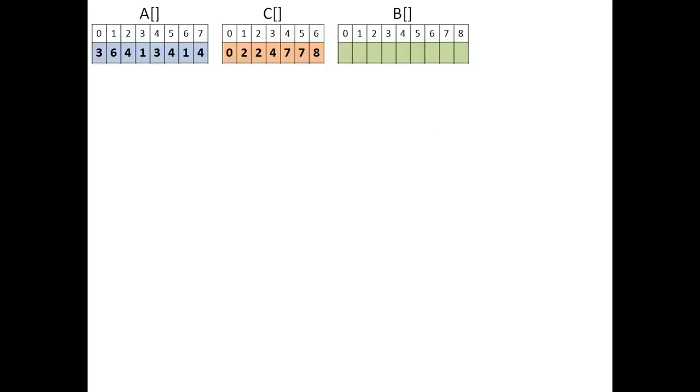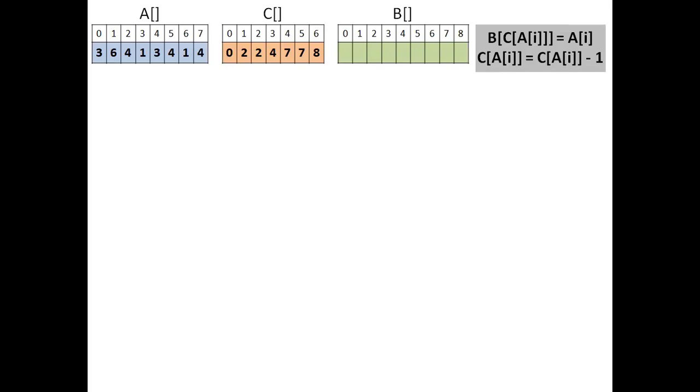Thus, the next step is to arrange the elements in the array A using the respective values obtained in the array C to get the final sorted sequence in increasing order. The same can be done by executing 2 lines of code.